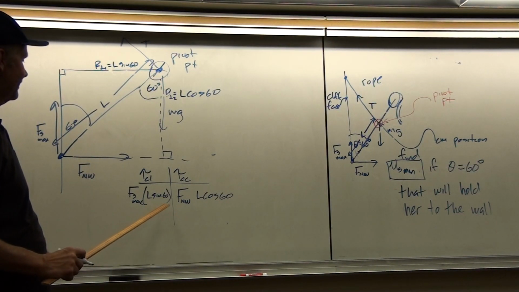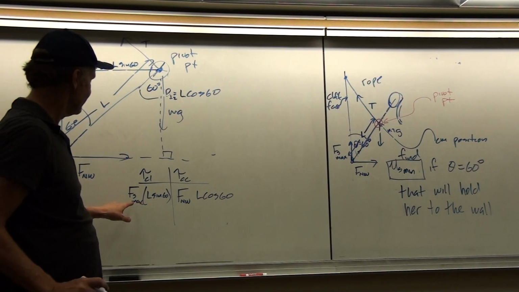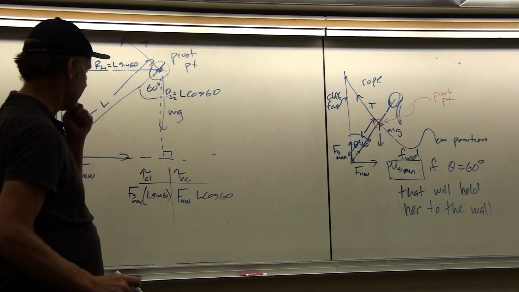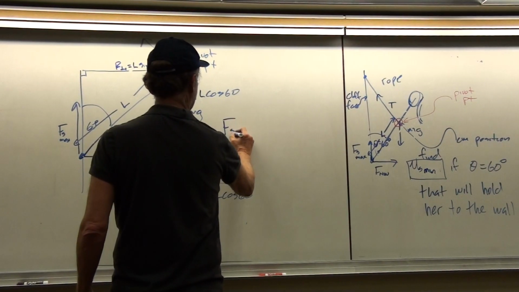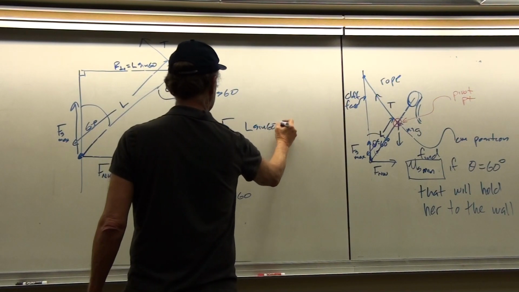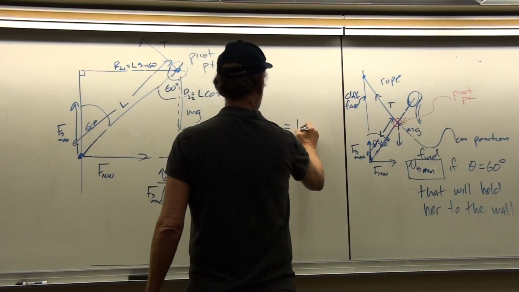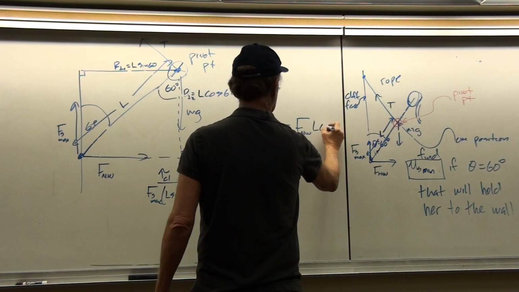Okay, so it looks like maybe we're in a little bit of trouble here, but not really, because now we just set the clockwise torque equal to the counterclockwise torque. That gives us F static maximum times L sine 60 equals F normal wall times L cosine 60.